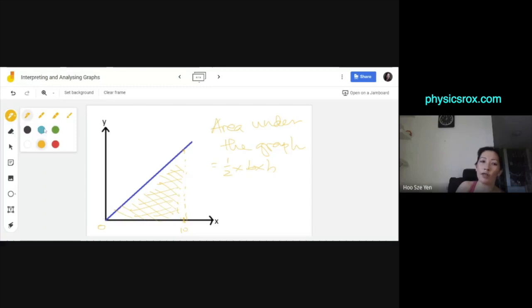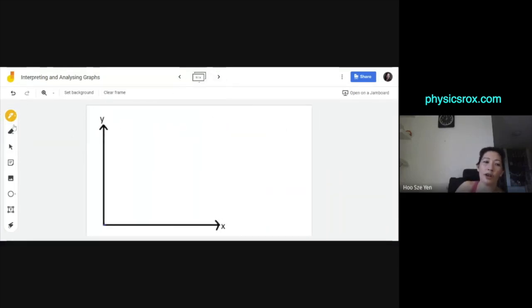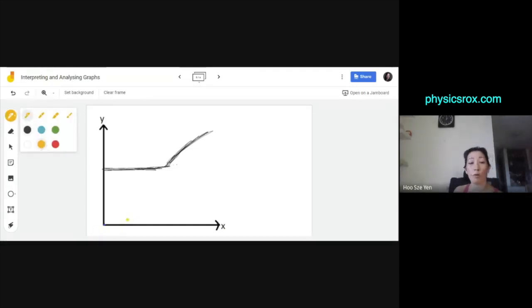If your graph is not a triangle, let me see, did I prepare this? If your graph was not a triangle, say if your graph was a straight line, and for example the question didn't ask from 0 to here, but up to this value, whatever it is.